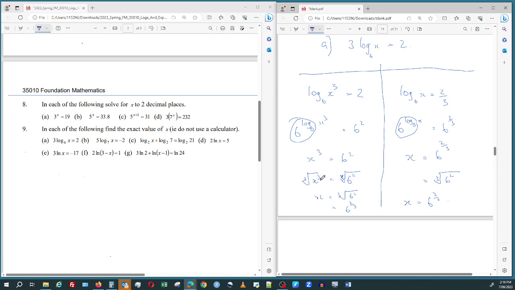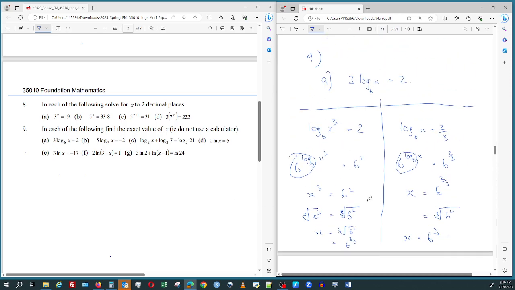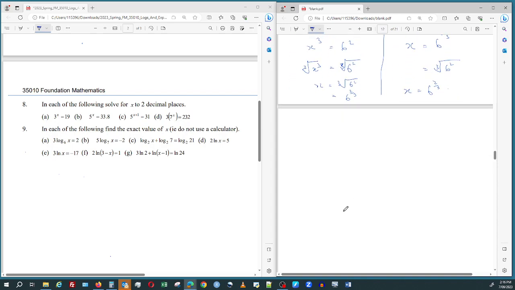So either form, either strategy is going to get you to the same place. So don't fret those. So B is 5 log base 7 of x equals -2. Doesn't matter what you do. I'm going to do it that way.